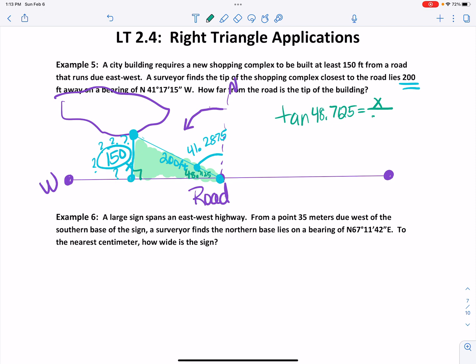Opposite over the hypotenuse is going to be sine. Opposite is x, we don't know, but the hypotenuse is 200. So I'm going to do 200 sine of 48.7125. And before I hit enter, if this is the real world, if this is more than 150, I just lost my job.